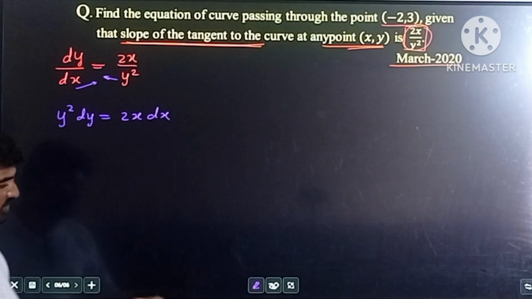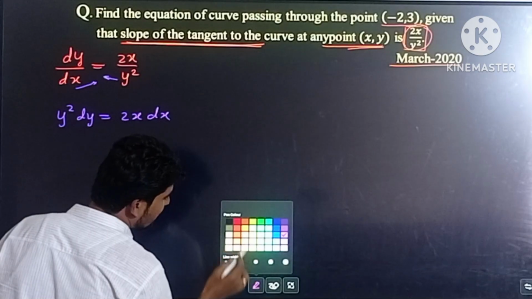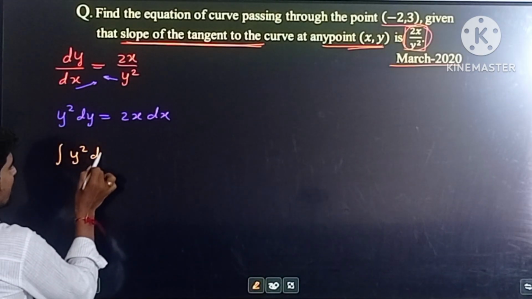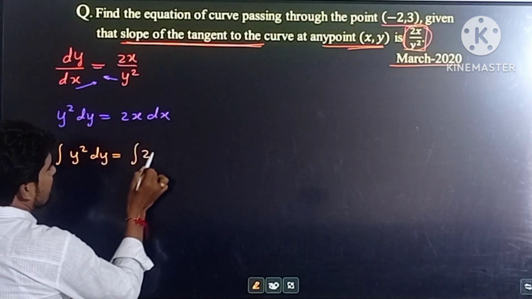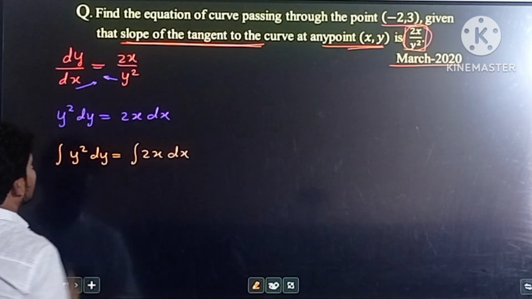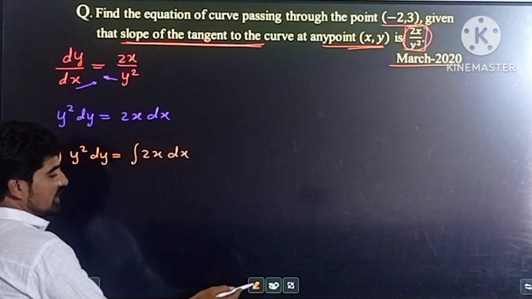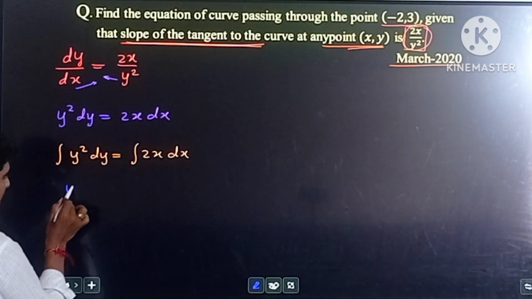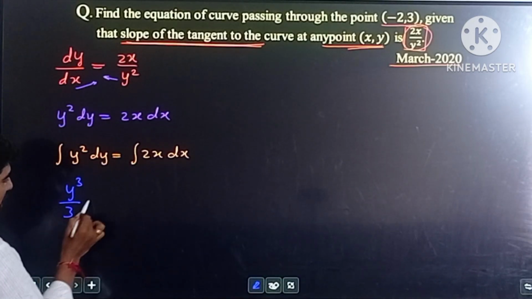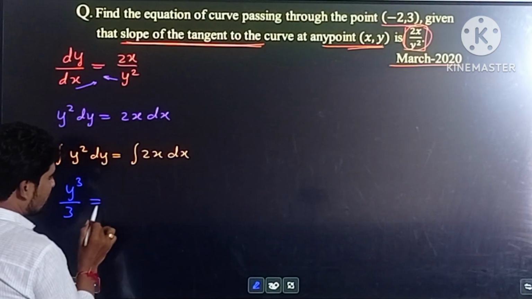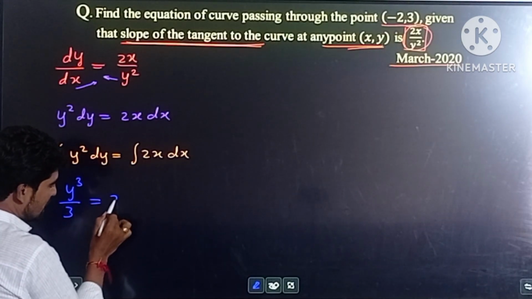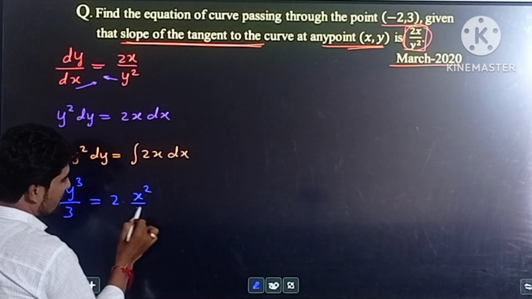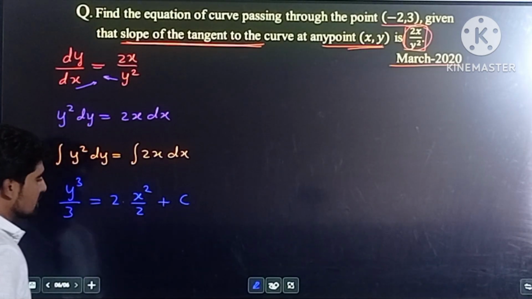And what is the next step after separating the variables? Integrating on either side. So the integration of y square dy is equal to the integration of 2x dx. We know that the integration of y square with respect to y is y cube divided by 3, equal to the integration of 2x, where 2 is a constant taken outside the integral sign. Then the integration of x is x square divided by 2, plus the integral constant c.